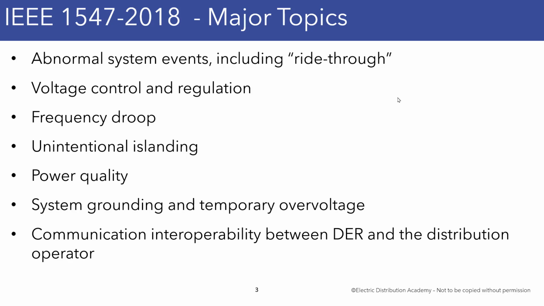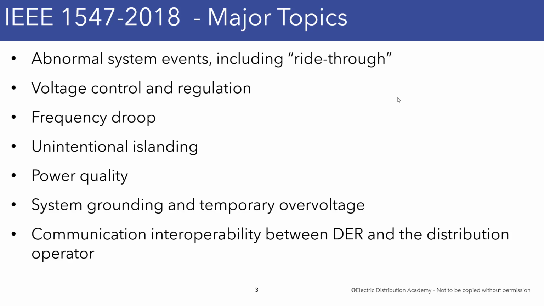Unintentional islanding: DER must be able to detect and cease to energize any unintentional islands that are formed, meaning islands that are created by the distribution feeder or portion of a feeder separating from the substation and the bulk power system. Power quality: the DER has to have capabilities with respect to topics such as DC current injection, voltage fluctuations, and current harmonics injections into the system.